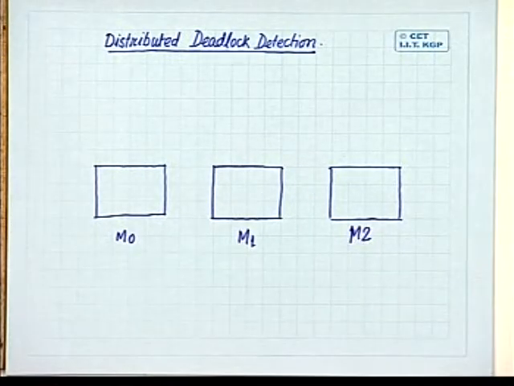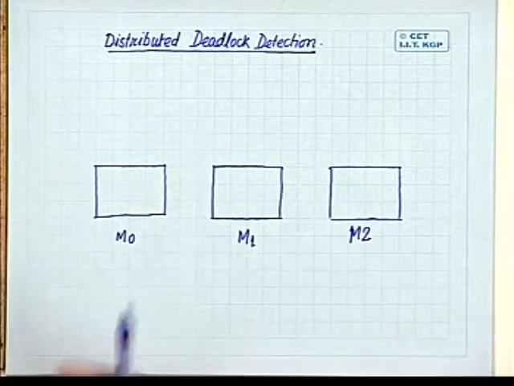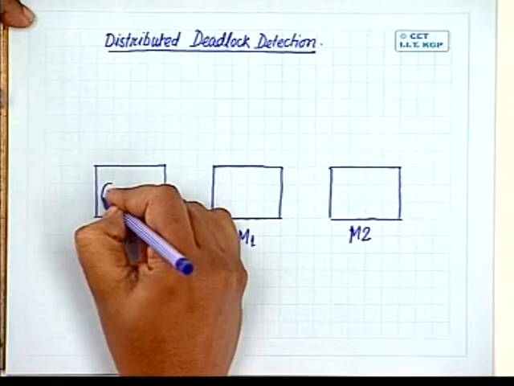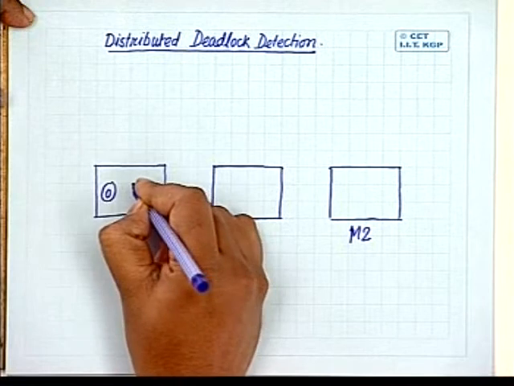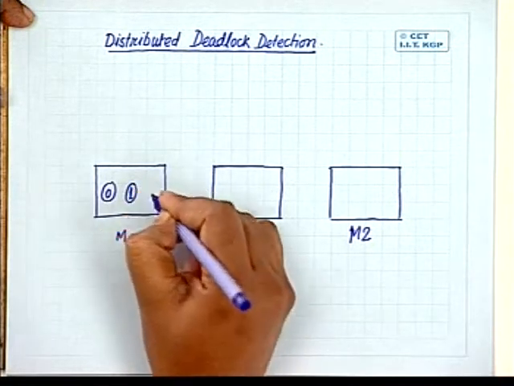Then suppose in machine M0 we have three processes: process 0, process 1, and process 2.